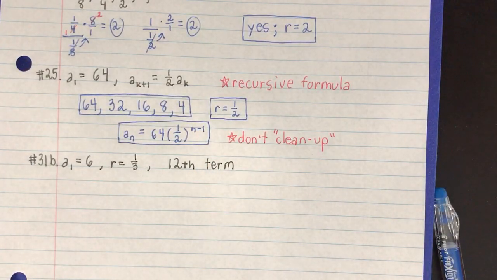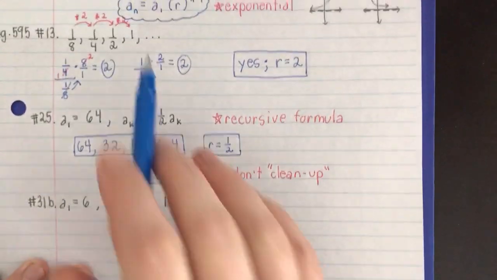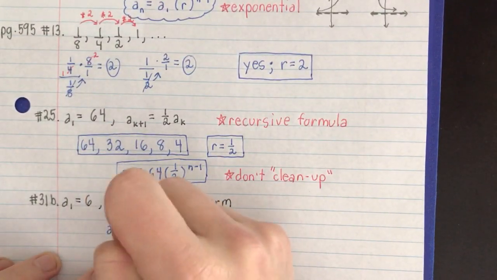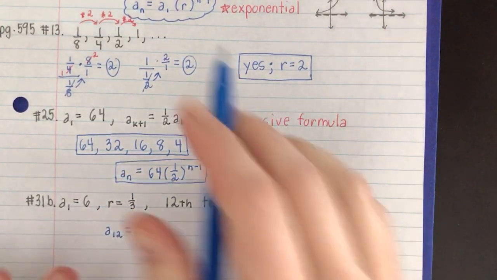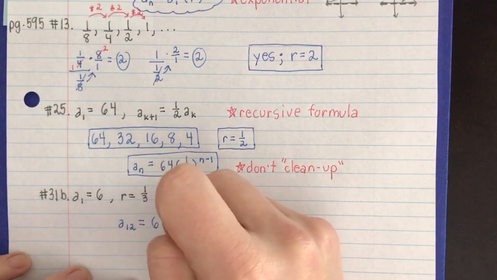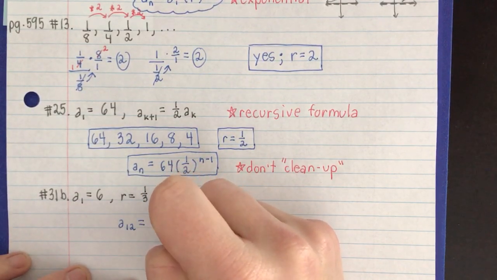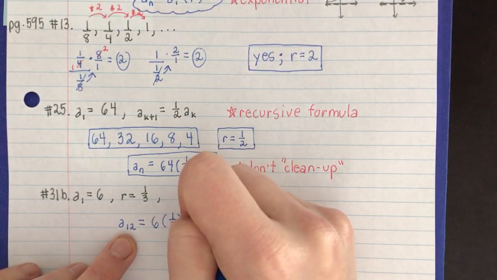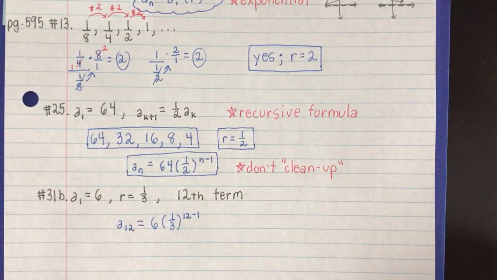So we have our formula. Up here, a sub 12 equals our first term, 6, times R, 1/3, raised to the n minus 1, so 12 minus 1.